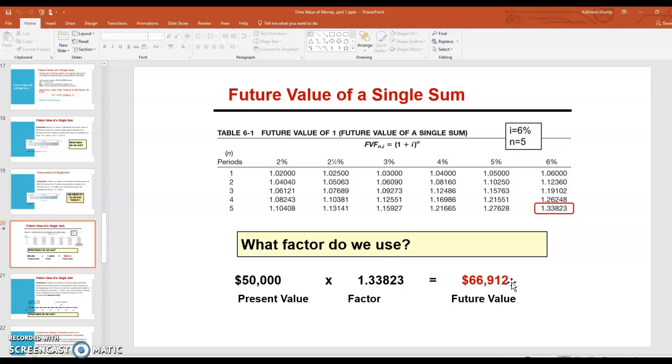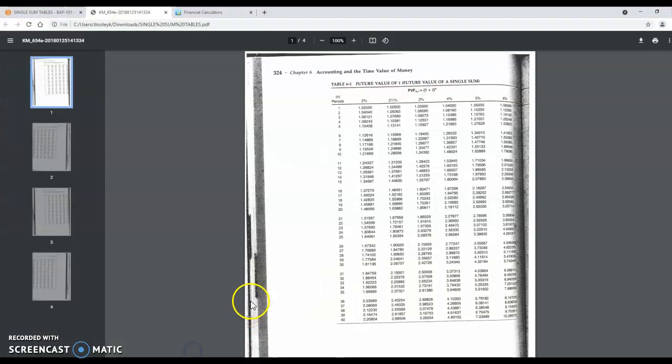66,912. Now we can look at the tables. Here we go. Here are the tables that you were given in D2L.